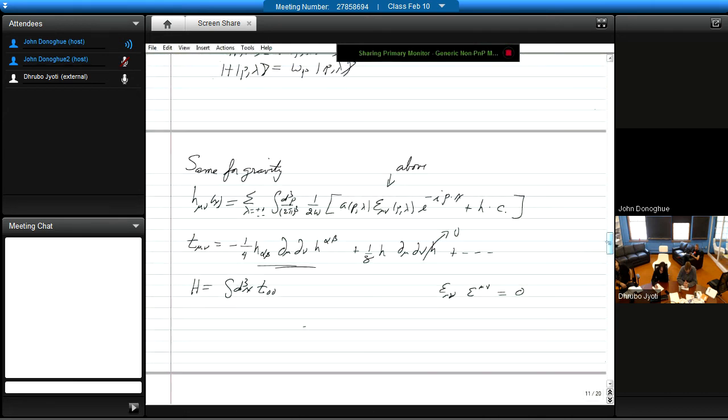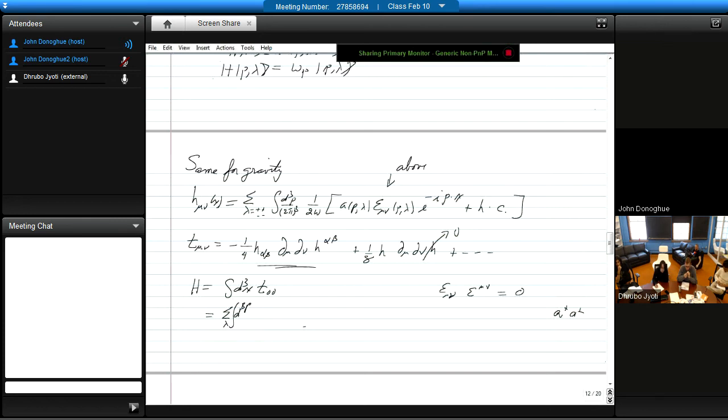And truth in advertising, I claim I have worked this out only for the diagonal terms, to be honest. The off-diagonal ones must vanish. The things I haven't done are the A dagger type pieces. There's almost always a miracle that cancels them. I haven't worked it out for this one. But I end up getting all the normalizations working out right.